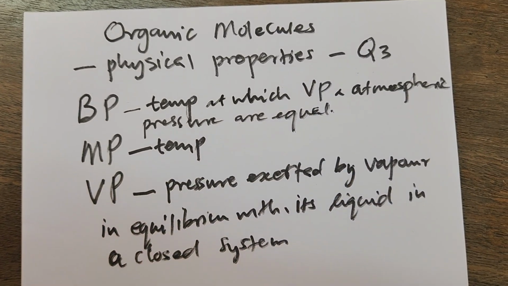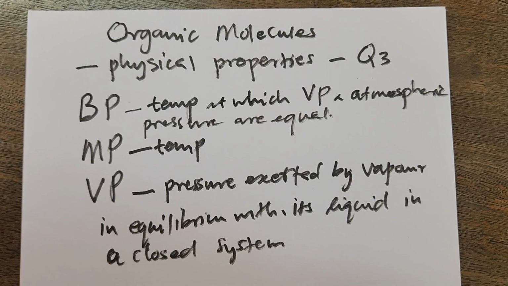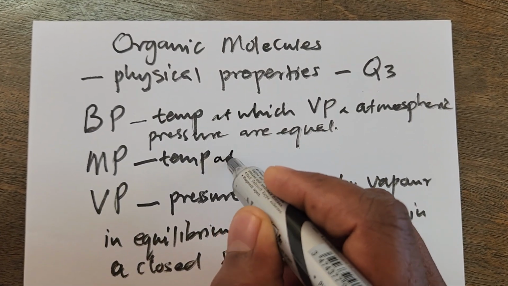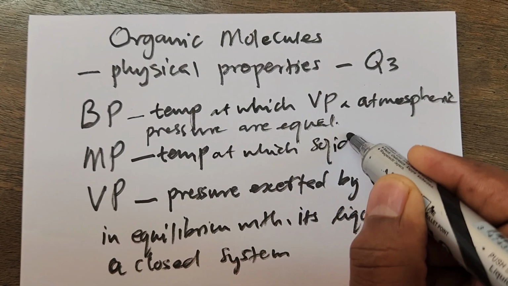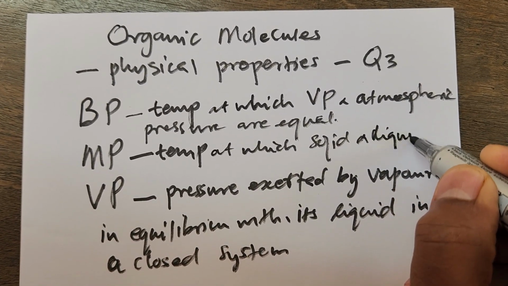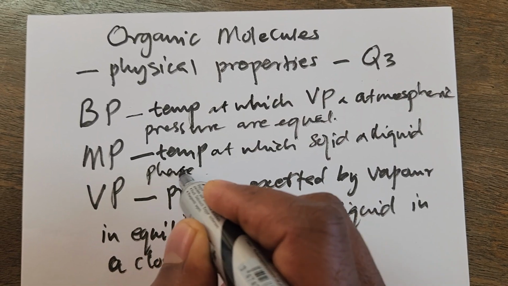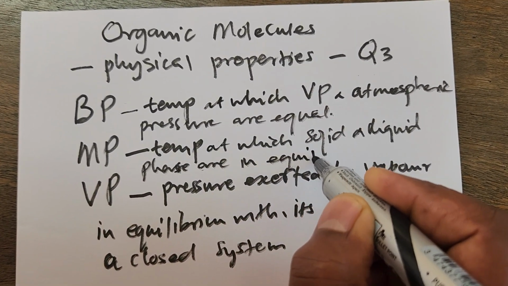At that temperature where the vapor pressure and the atmospheric pressure are equal, we say we have reached the boiling point. Melting point is the temperature at which the solid and the liquid phase are in equilibrium.